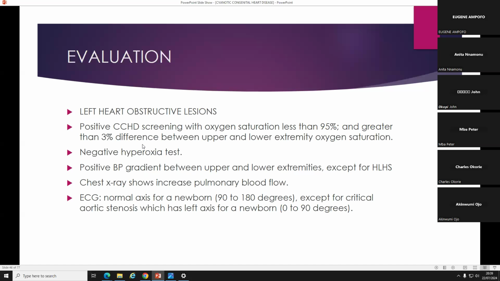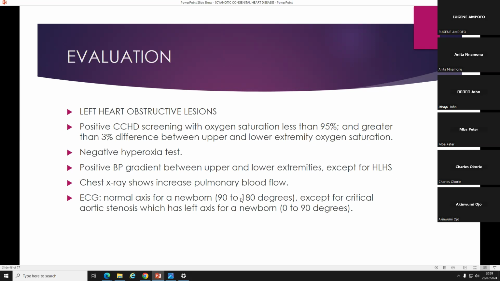For left heart obstructive lesions, they have positive screening with oxygen saturation of less than 95%, but greater than 3% difference between upper and lower extremity oxygen saturation. So that they have differential cyanosis. They have negative hyperoxia tests. They have positive blood pressure gradient between upper and lower extremities, except for hypoplastic left heart syndrome, because they basically cannot generate much blood pressure.